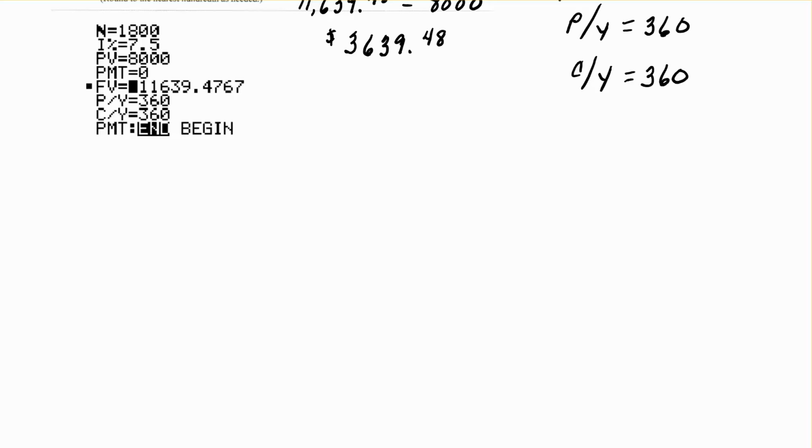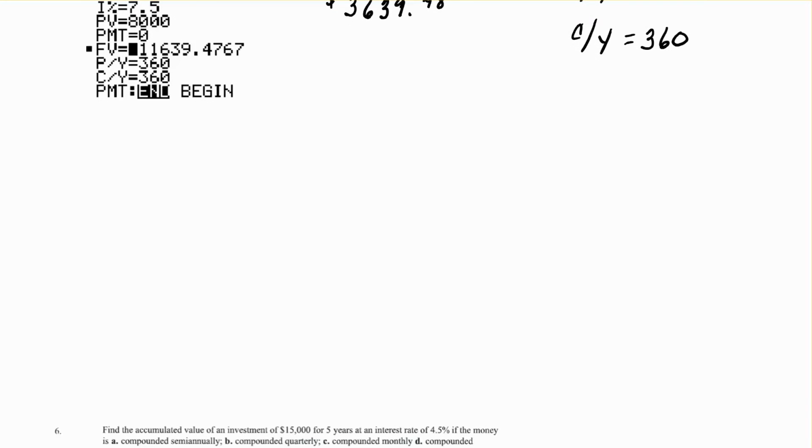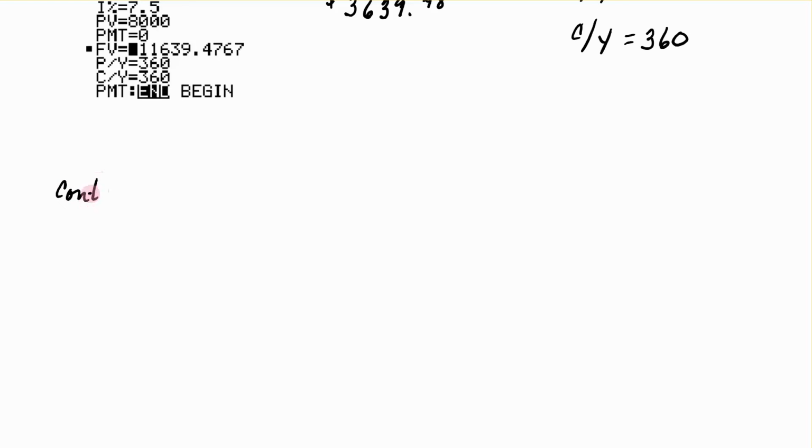But what if we let the number of compounding periods approach infinity? It's as if from every nanosecond to the next nanosecond, the interest is being added on. It's called continuous compounding.